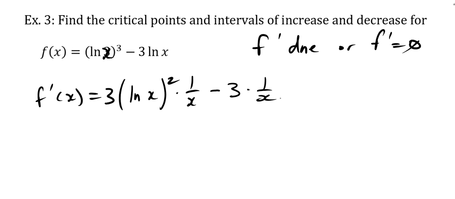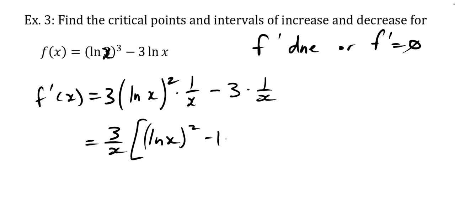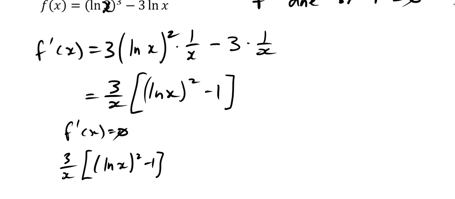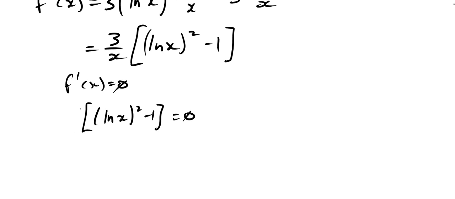Yeah, nice. So 3 over x times ln of x all squared minus 1, I think. Let's set it equal to 0. Ln x all squared minus 1 equals 0. Or maybe I should write it like this. I don't know. What do you think?